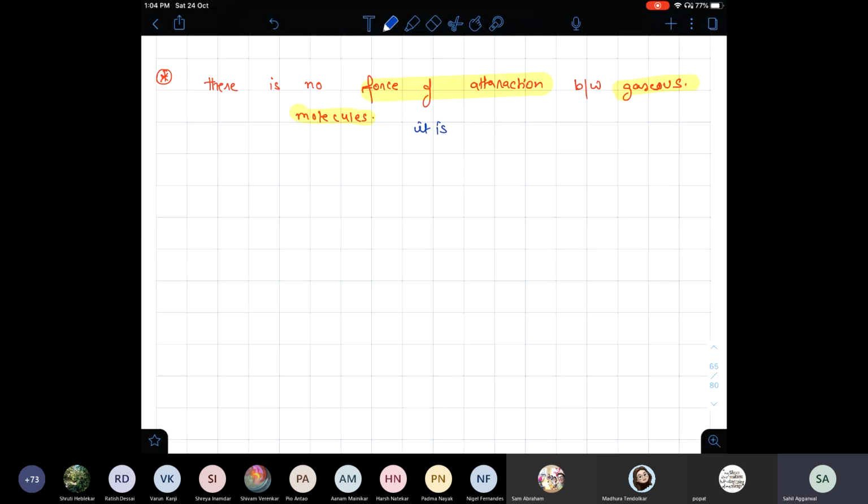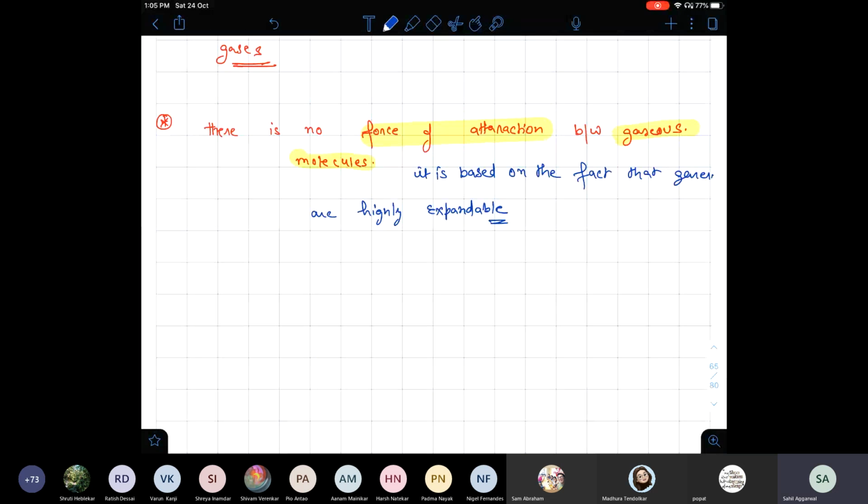It is based on the fact that gases are highly expandable.